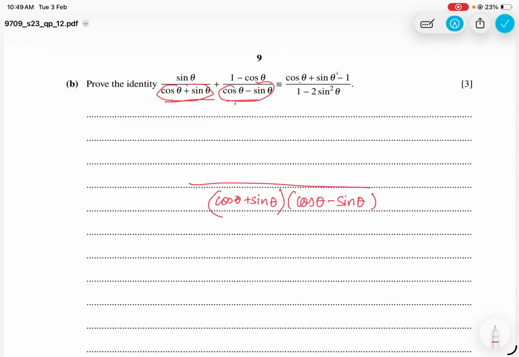Then we multiply this by this one and this by this one. Sine theta times cos theta minus sine theta and plus cos theta plus sine theta times 1 minus cos theta.